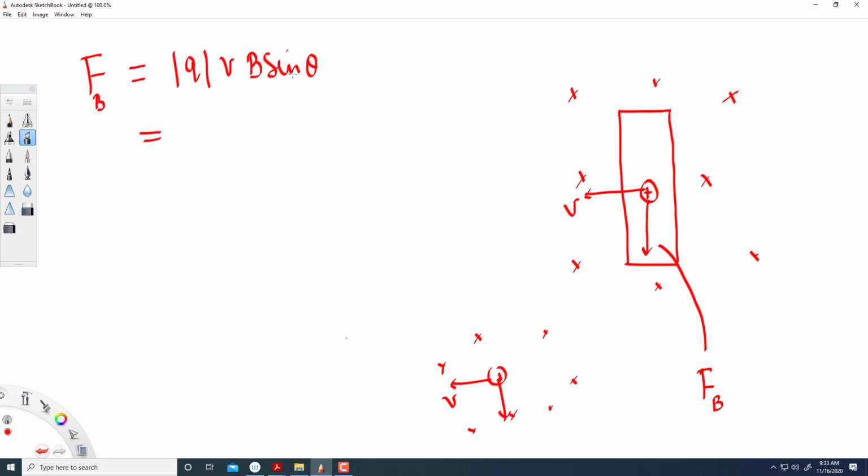V is that way, B is down, so the angle is 90 degrees, and sine of 90 degrees is 1. So this force, which is due to the magnetic field, is QVB. Okay, this is 1.